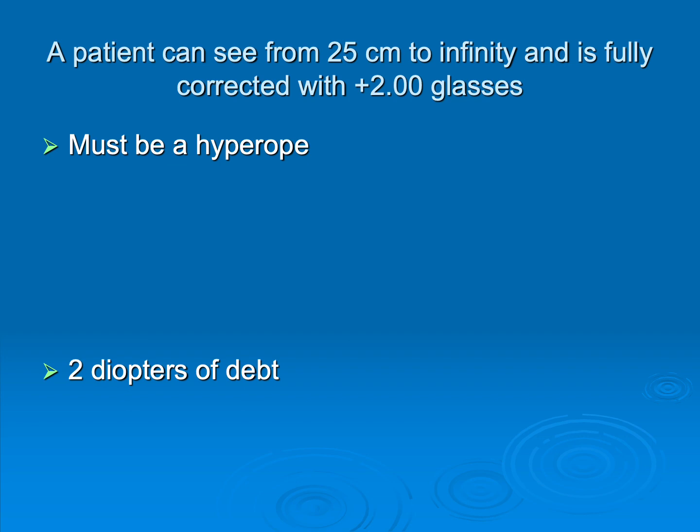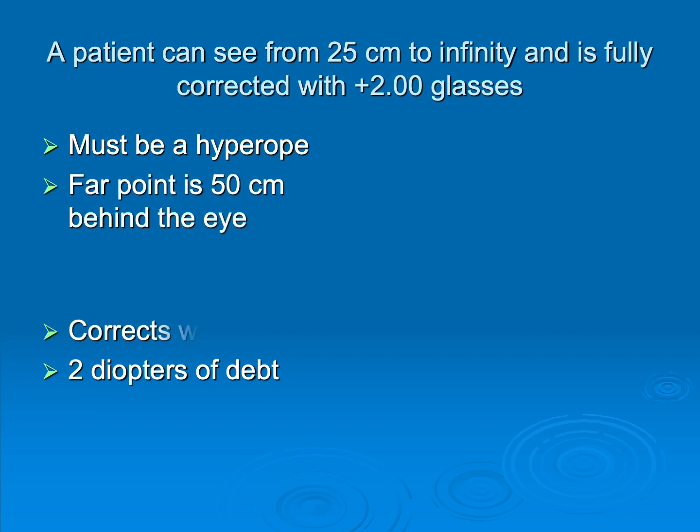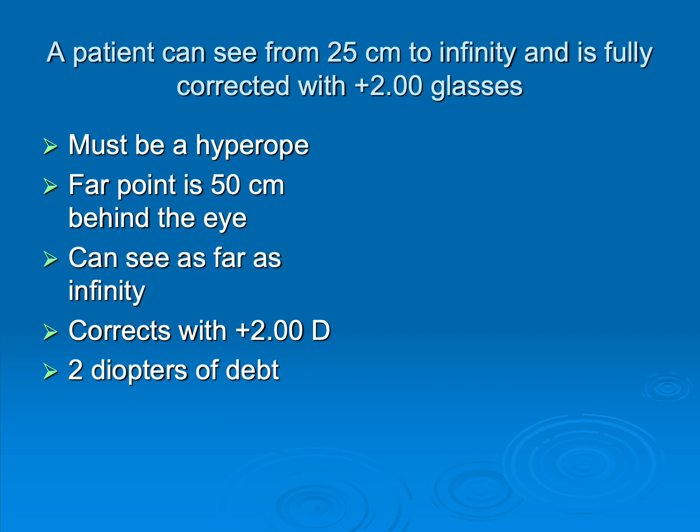So here's what we know. We know that there are 2 diopters in debt. And if these were some of the questions, you would already have all of that. So what is the total buying power? We're already on step 3. Number 1, we figured out it was a hyperope. Number 2, we figured out 2 diopter hyperope, so 2 diopters in debt that they have to get over before they can even think about seeing something up close. So it tells us that I can see as close as 25 centimeters.